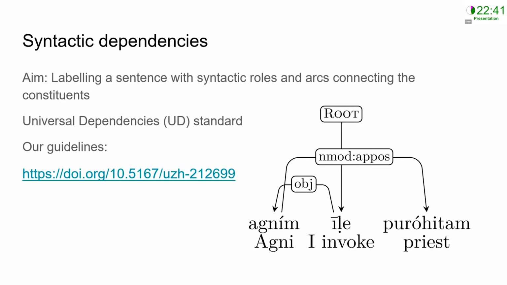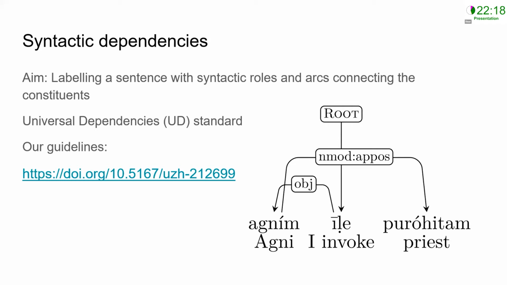So for our labeling, we use the tag set of the Universal Dependencies. These are kind of standard nowadays in natural language processing. And we also designed our own annotation guidelines. We did this in cooperation with the University of Zurich and with Erika Biagetti.